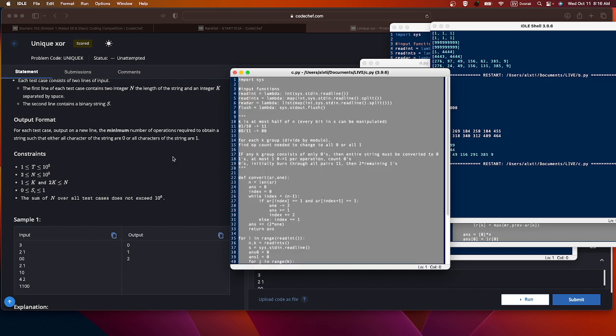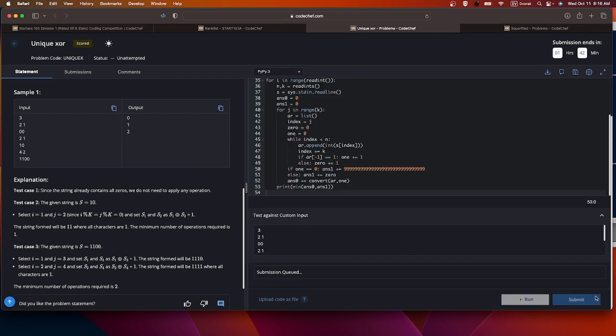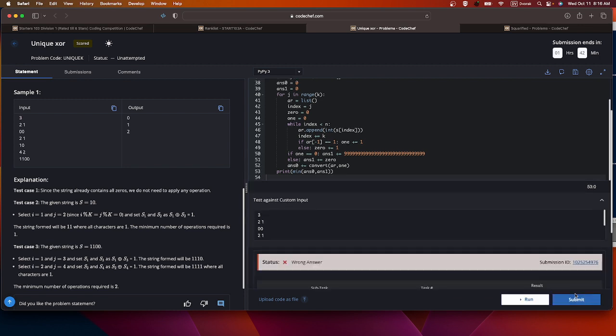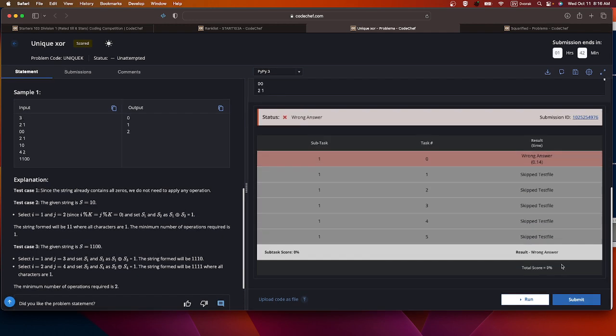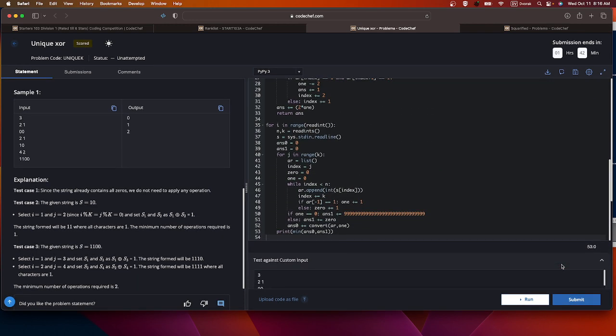Well, we did pass the sample input. It's not saying much, but who knows, maybe this is actually all there is to this problem. Okay, yeah, I am definitely misreading some.